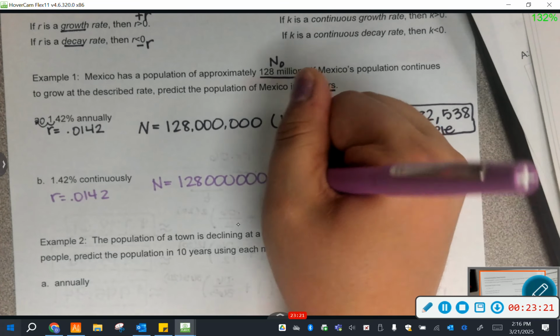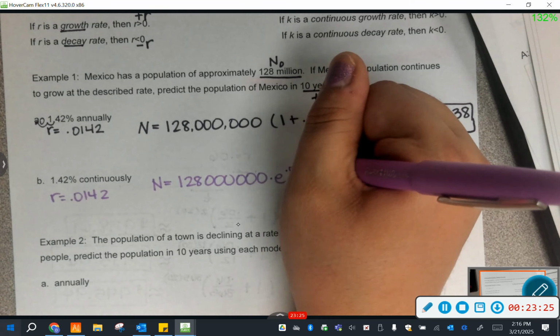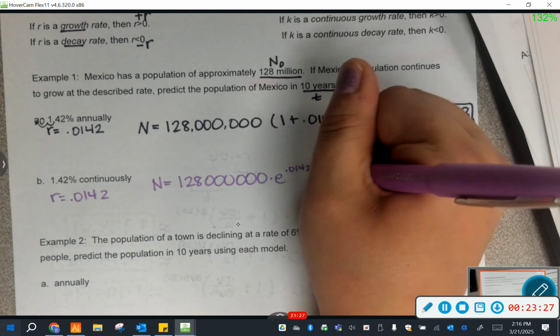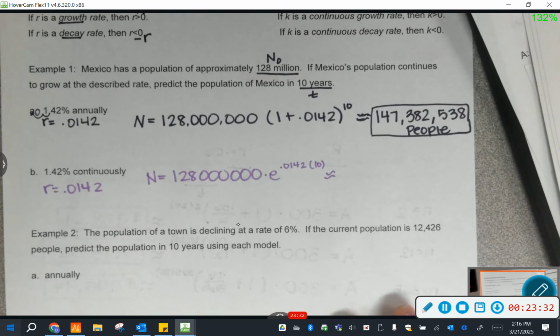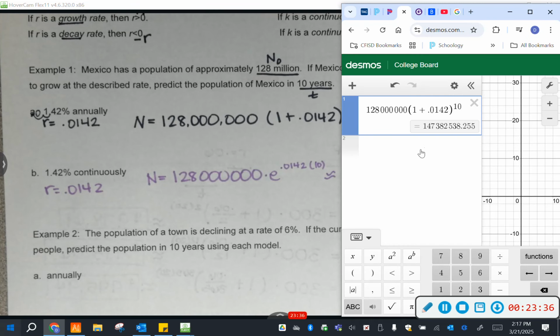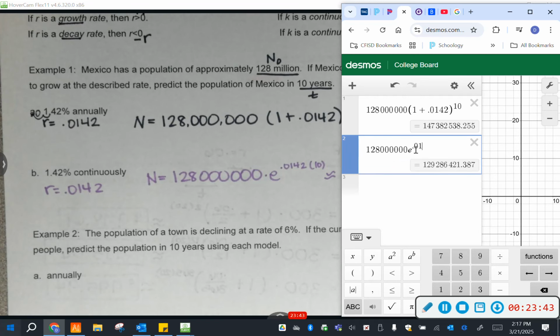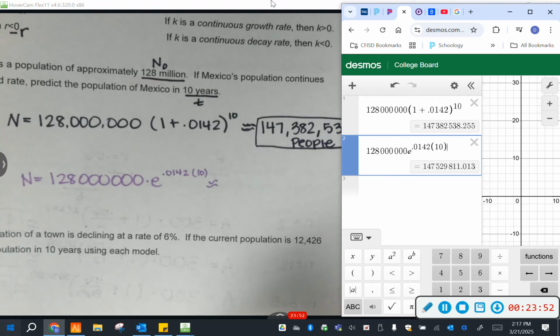Good. So if you compound continuously, is this your equation you got?